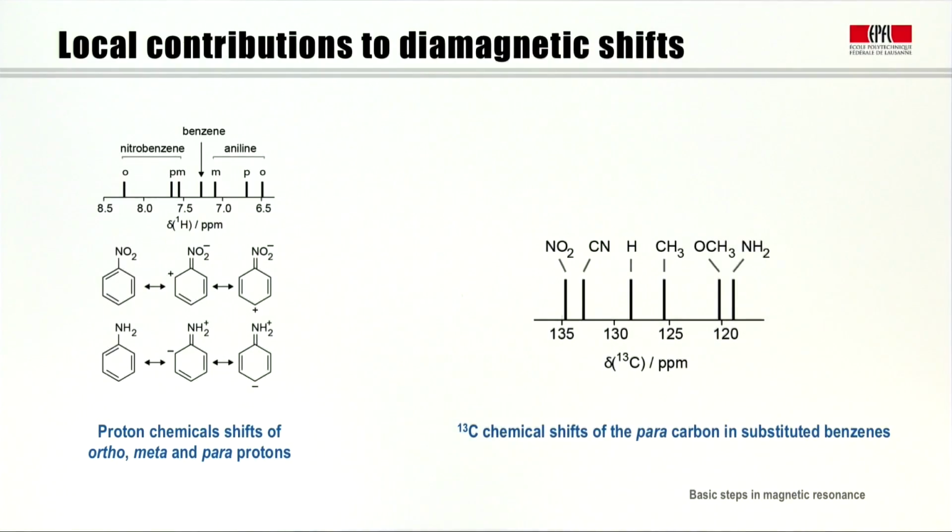There is an important aspect when one tries to rationalize chemical shifts, that sometimes they go hand in hand with the chemist's perception of how the molecule really looks like. And when I say the chemist's perception, I mean the so-called resonance structure. Take this simple aromatic molecule, and we know that the NO2 group is an electron withdrawing group.